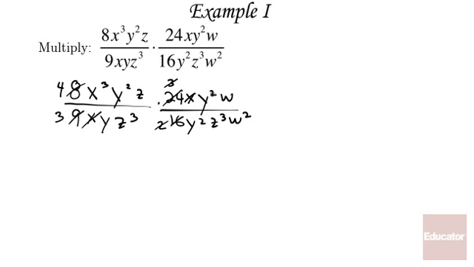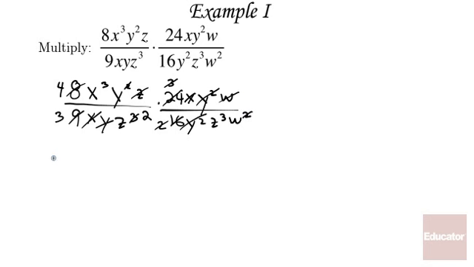So the simplest way to handle this is to say, okay, I have y squared here, those cancel. Y squared here and a y here. This y cancels and leaves me with just a y here. Now my z's. I have a z up here. This z cubed is going to become z squared. W's. I have a w here and a w squared here. This cancels out. This becomes w.